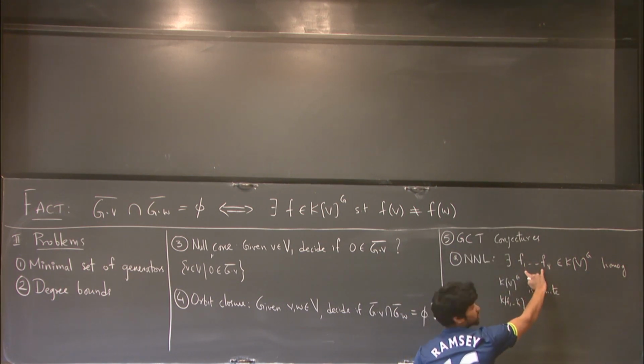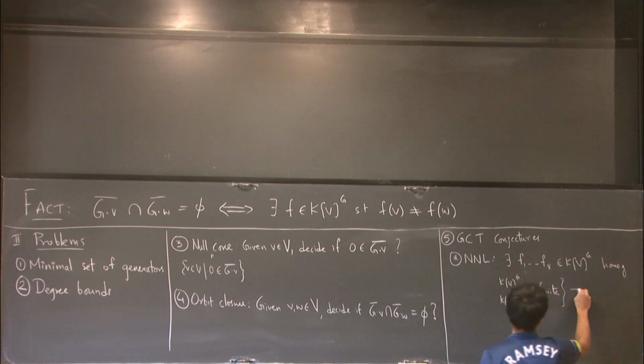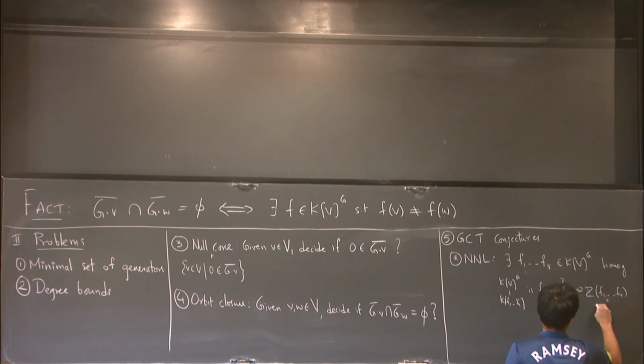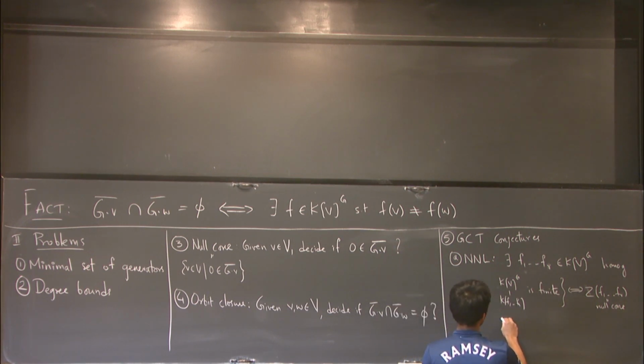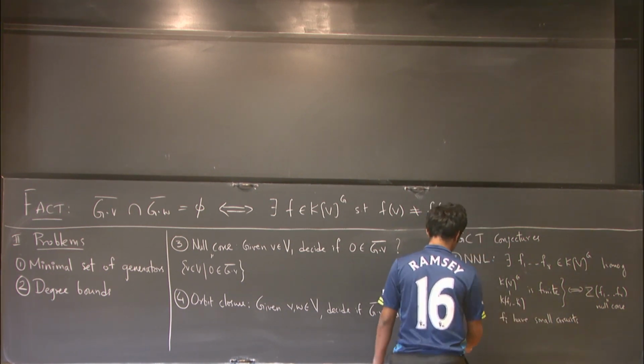So you look at the subring generated by these, and you look at the invariant ring over this, and that's a finite extension. In other words, this is just going to mean that the 0 set of these invariants is the null cone. Okay, that requires a little proof, but anyway. But we also want some complexity theory in here, which means that if I have small circuits, okay, so it's a problem for another day.